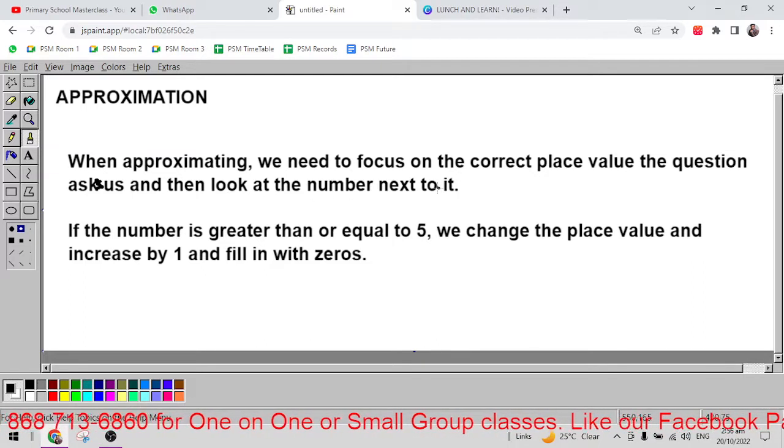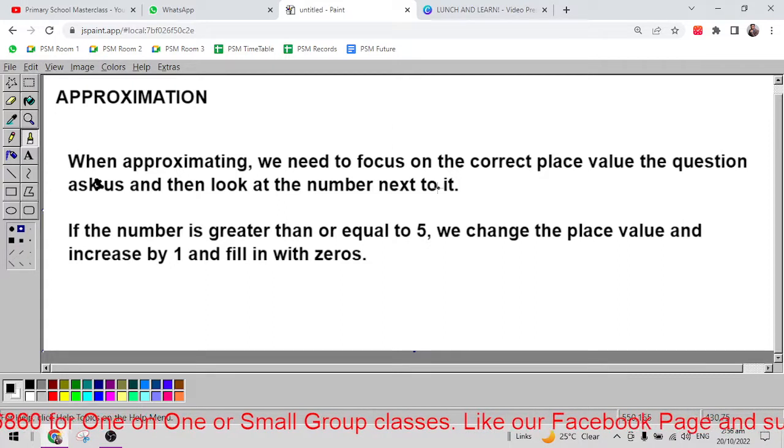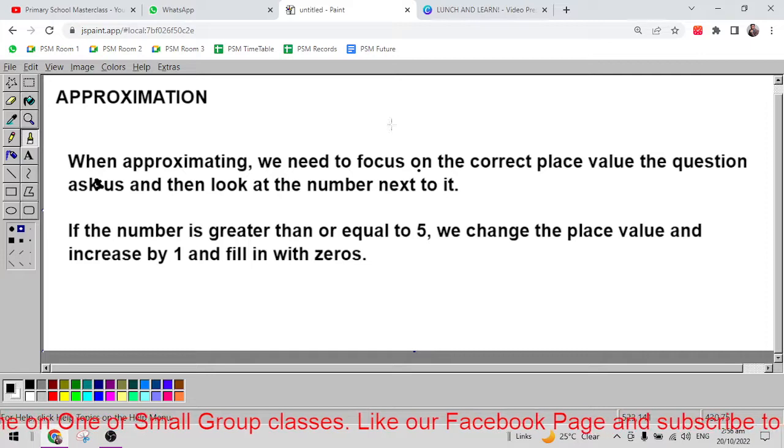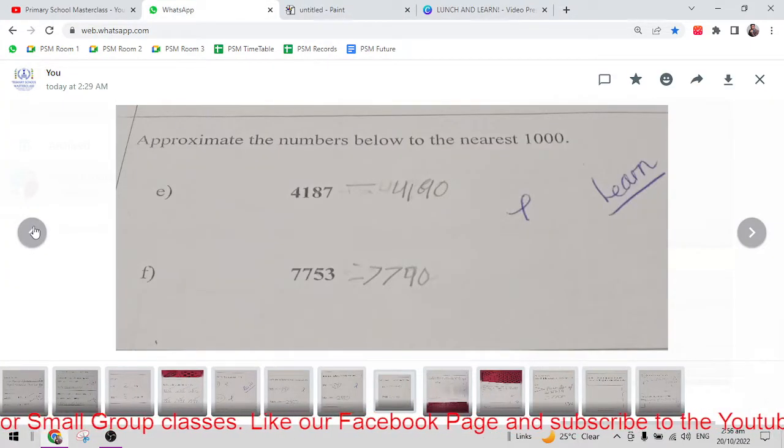If the number is greater than or equal to 5, we change the place value and increase by 1 and fill in with zeros. This is what I'll do now, and I'll probably do a little bit more to help you guys out.